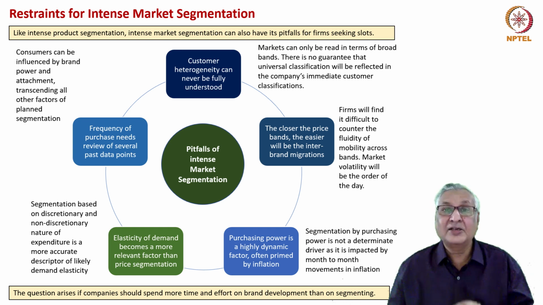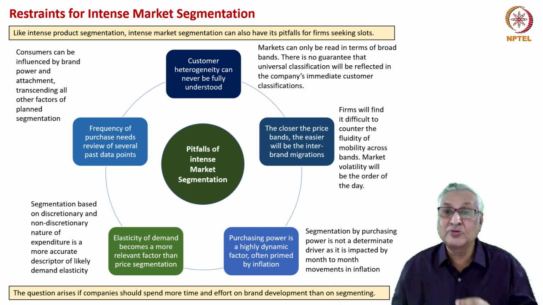Purchasing power is a highly dynamic factor, often primed by inflation. Segmentation is based on what you can buy in terms of the price point as well as the frequency of price. But inflation is something which you don't know and it could influence very badly purchasing power. Similarly, if you have excess liquidity, it may spike the demand without really noticing that.